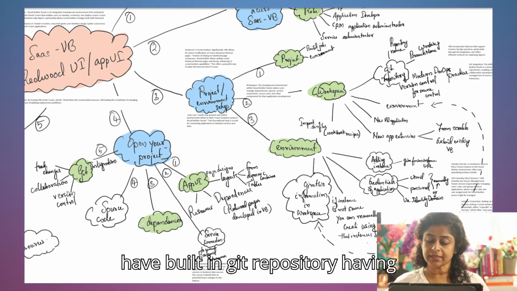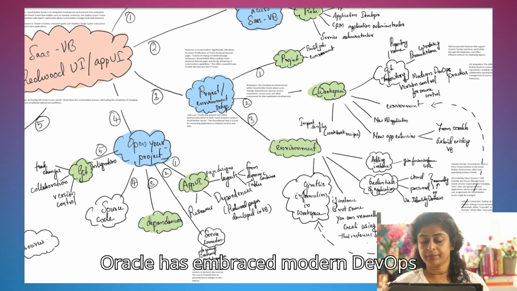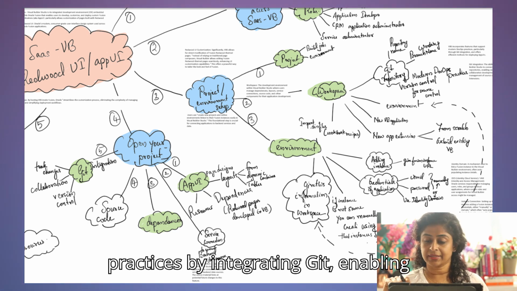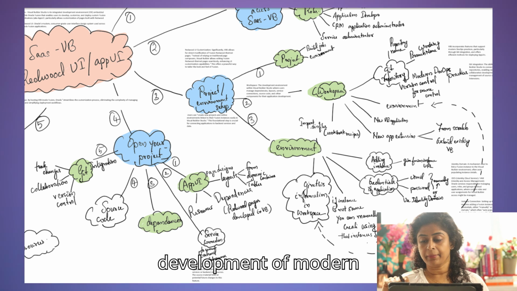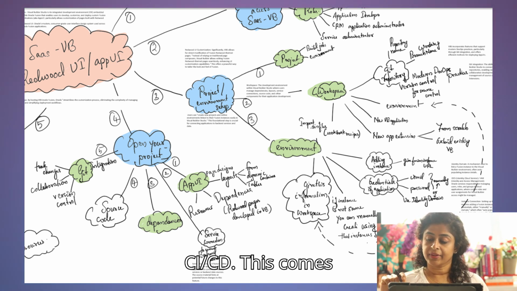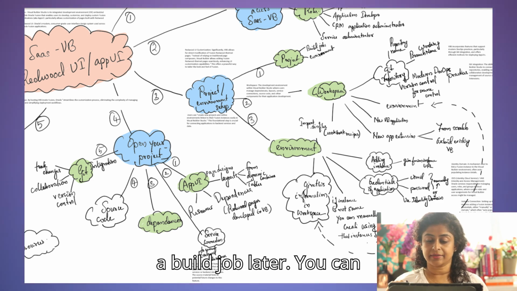You have a built-in Git repository with an allocated branch per developer. Oracle has embraced modern DevOps practices by integrating Git, enabling full version control and collaborative development with modern CI/CD. This comes pre-wired here. Every commit can trigger a build job later.